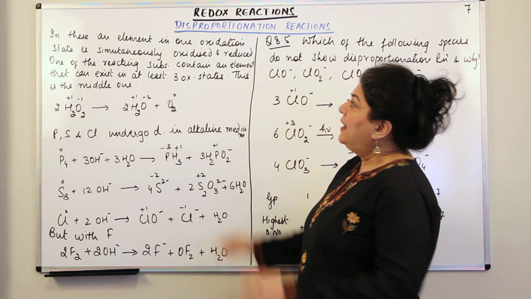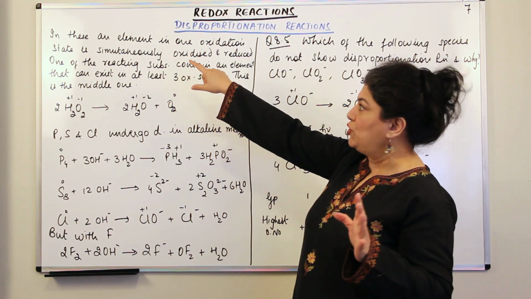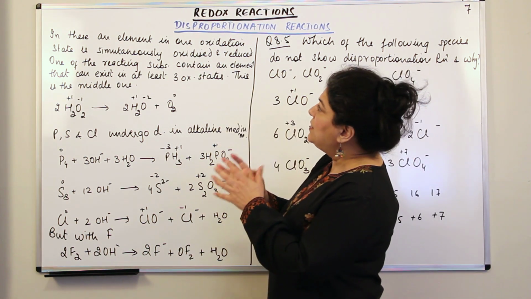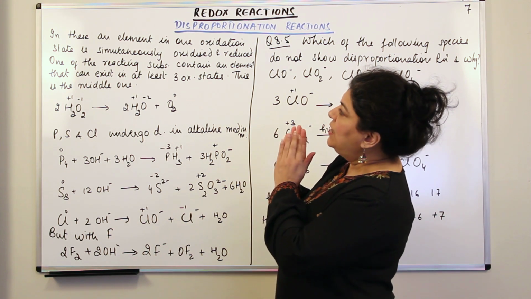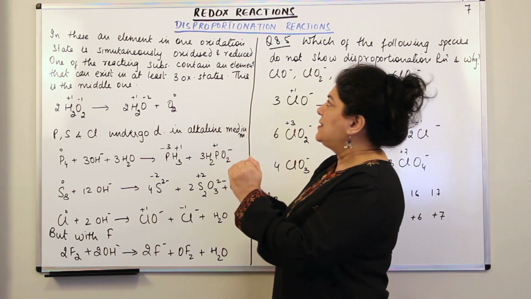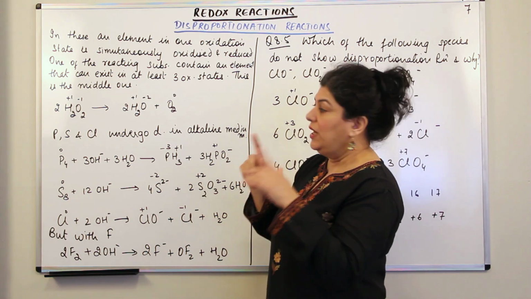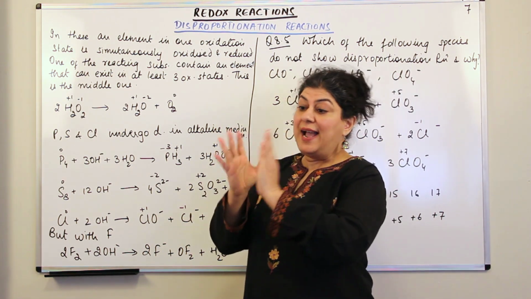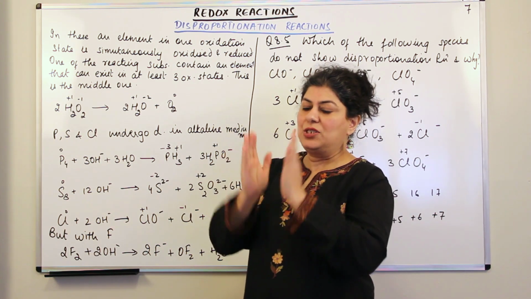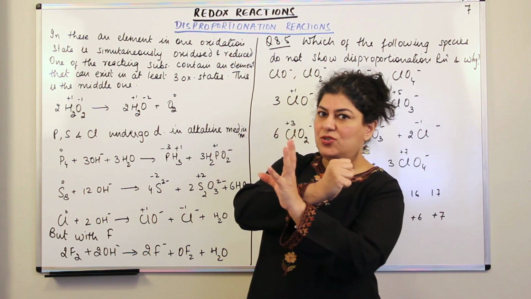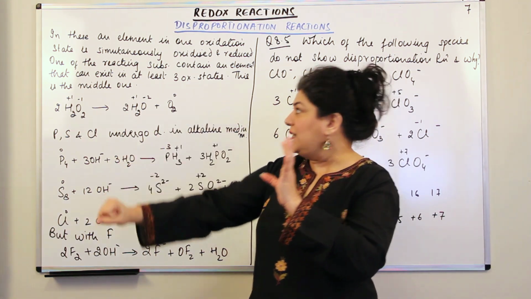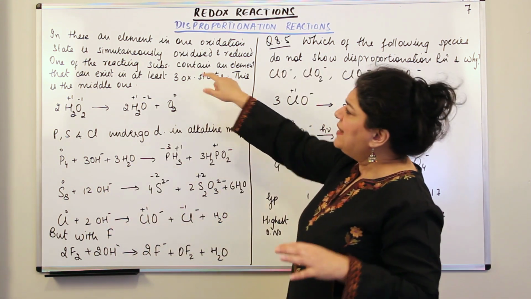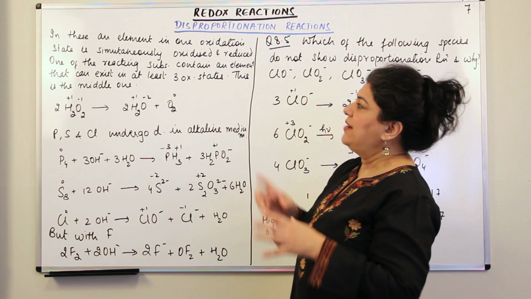In disproportionation reactions, an element in one oxidation state is simultaneously oxidized and reduced. In one oxidation state means it has a certain oxidation state, and simultaneously means some atoms of that element are getting oxidized and some atoms are getting reduced. So they get simultaneously oxidized and reduced.